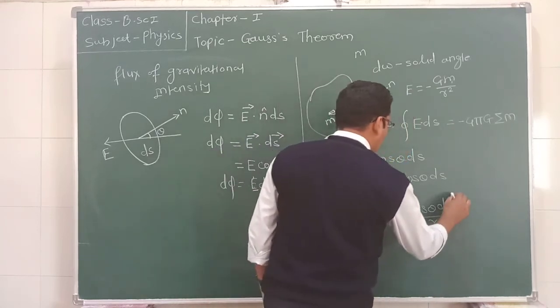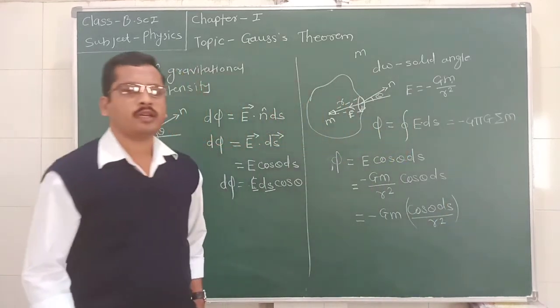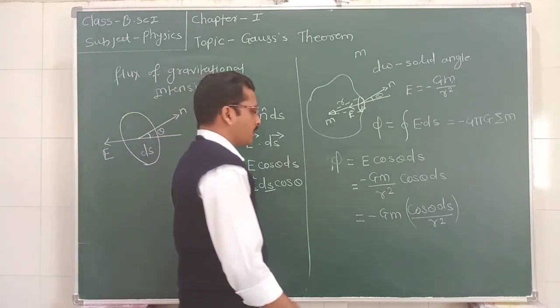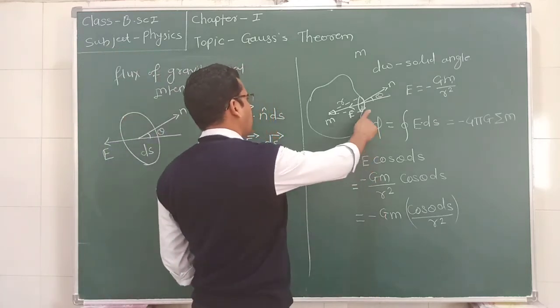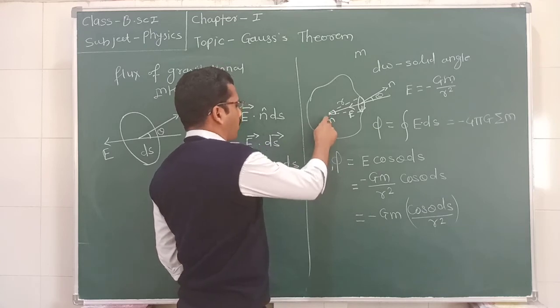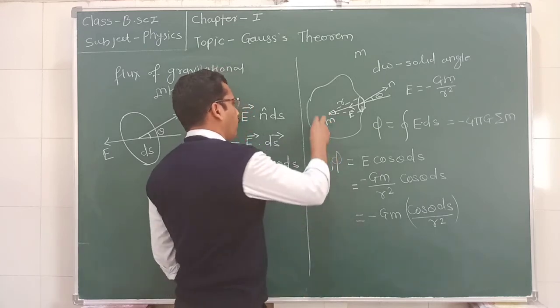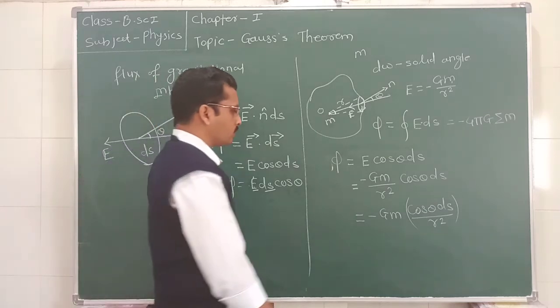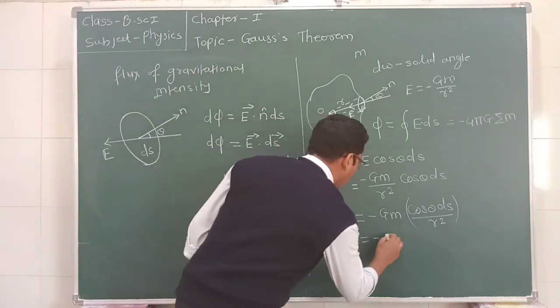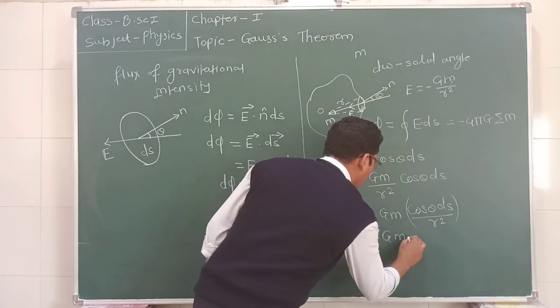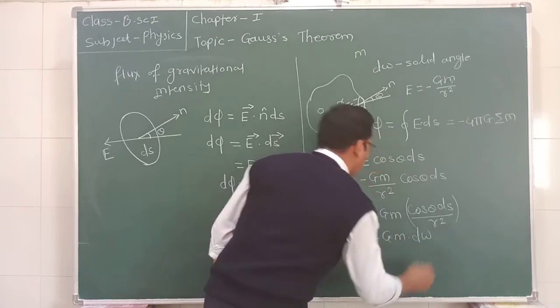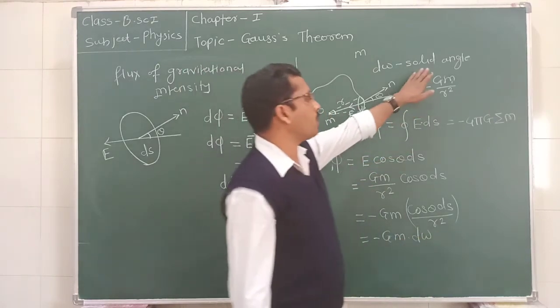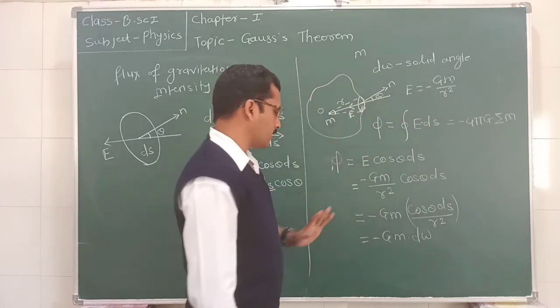But this term is nothing but the solid angle made by the surface ds at the point O, which has the small mass m. So we can write minus Gm d omega. What is d omega? D omega is the solid angle made by this surface.